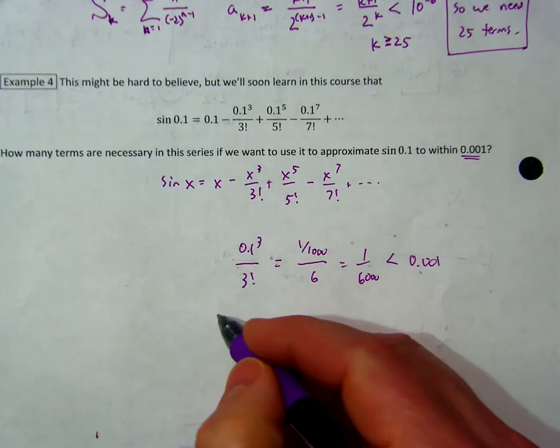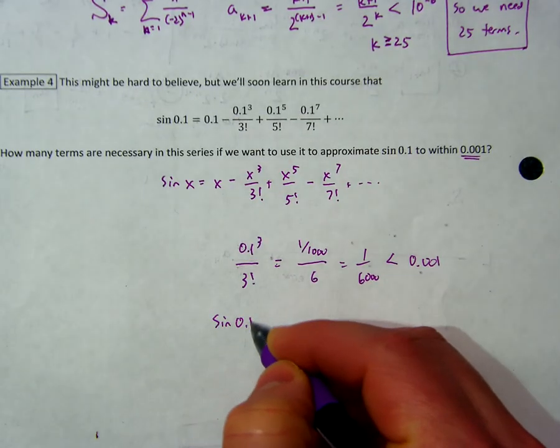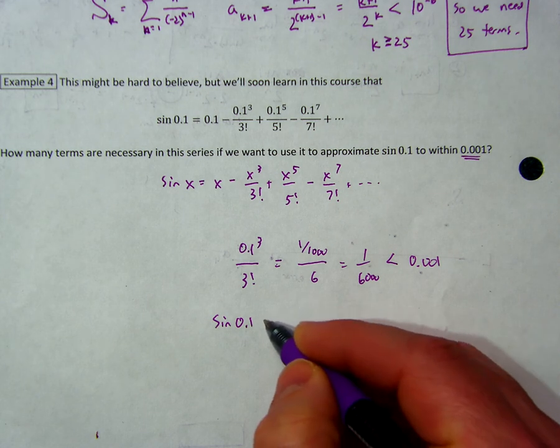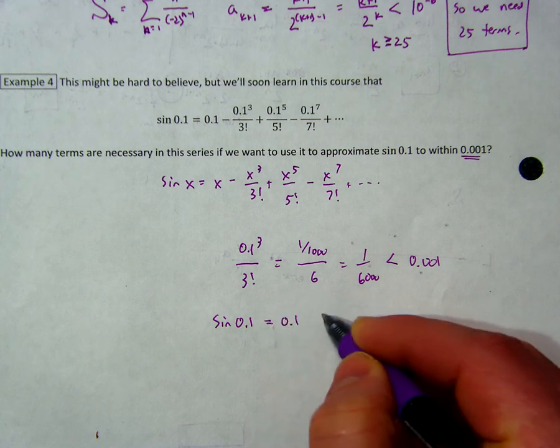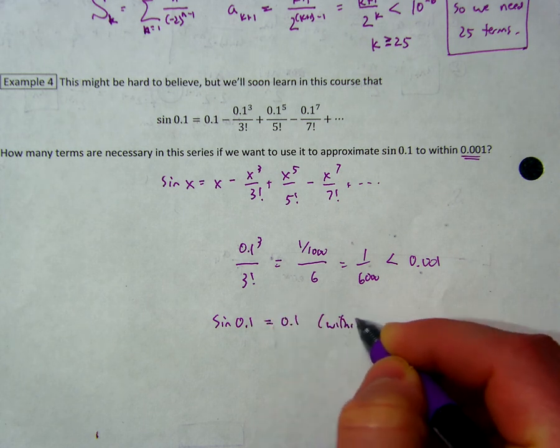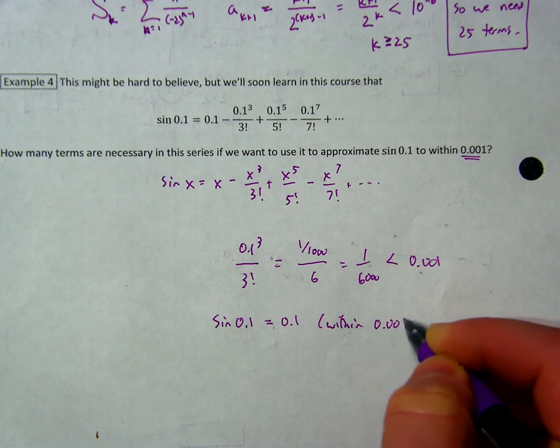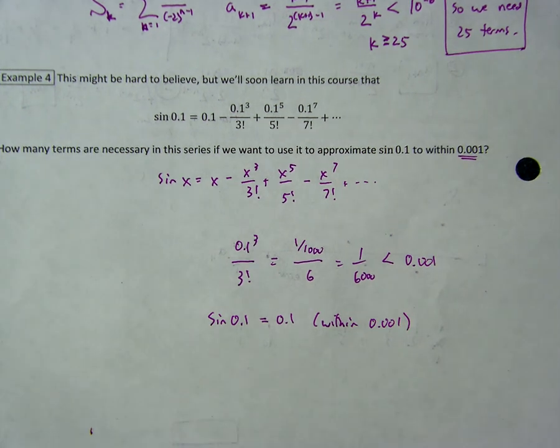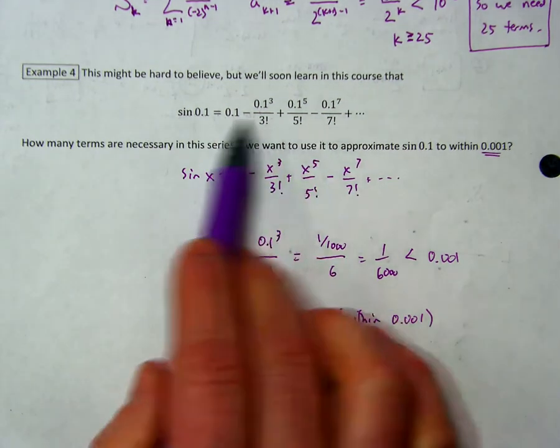So believe it or not, sine of 1/10 is actually equal to a 10th within an error of 1,000th. That's pretty cool. It's a little far-fetched, but we will get to this.